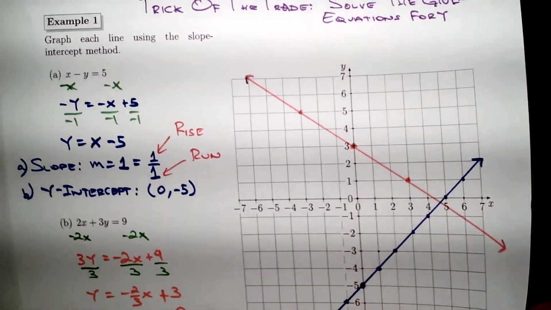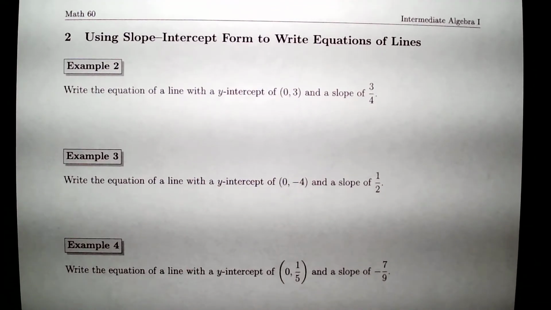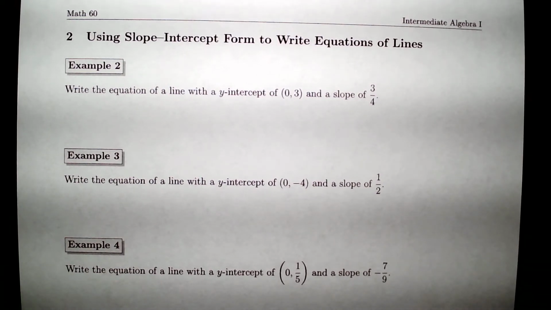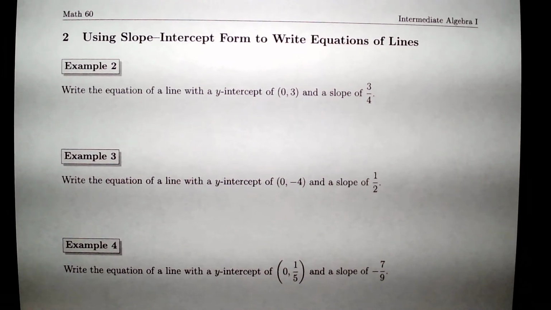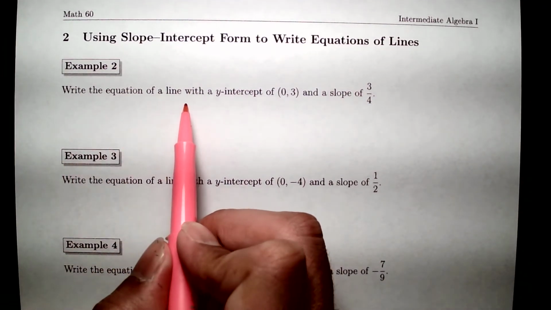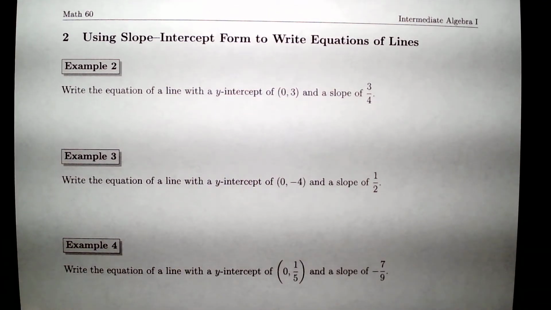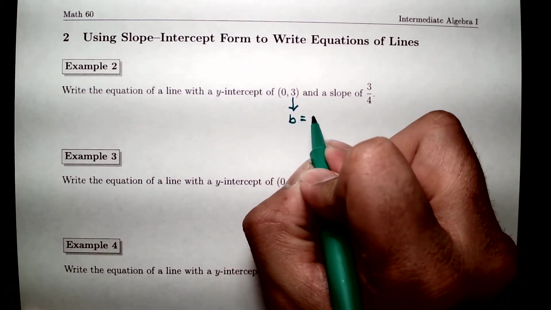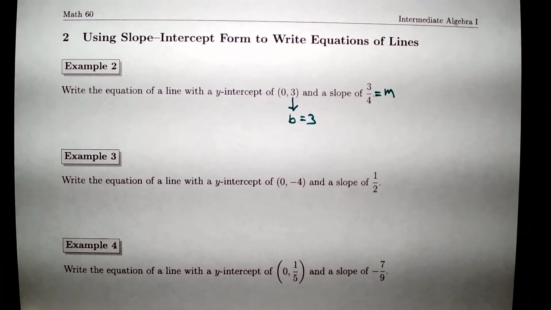Now we go to the final set of exercises: use the slope-intercept form to write equations of lines. Write the equation of a line with y-intercept 0, 3, which means b equals 3, and a slope of m equals 3/4.